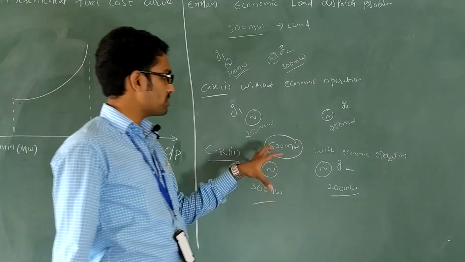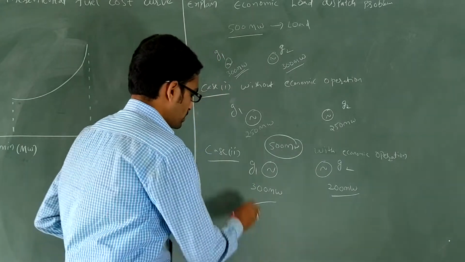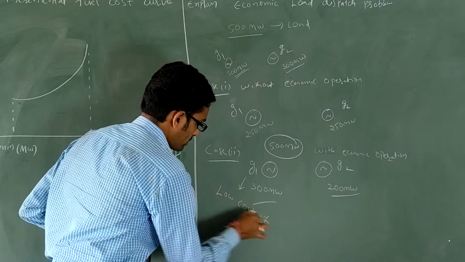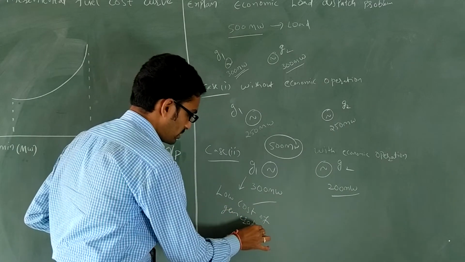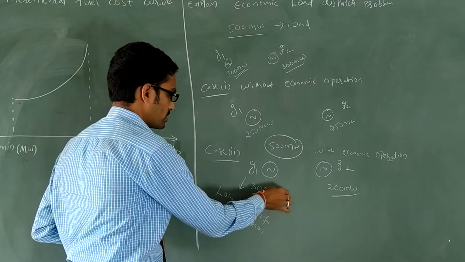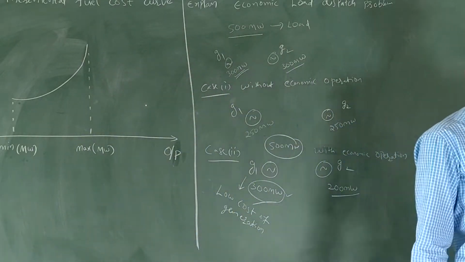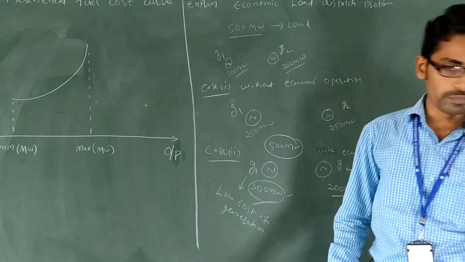Here it is the maximum, and here it is the minimum I am allocating, because G1 has a low cost of generation. So for that I am allocating the maximum generation capacity. That is your economic load dispatch problem. And the next one, we have a problem, so we will see that problem.